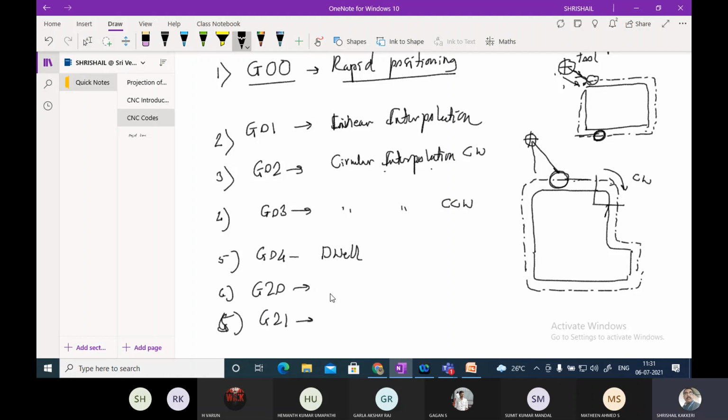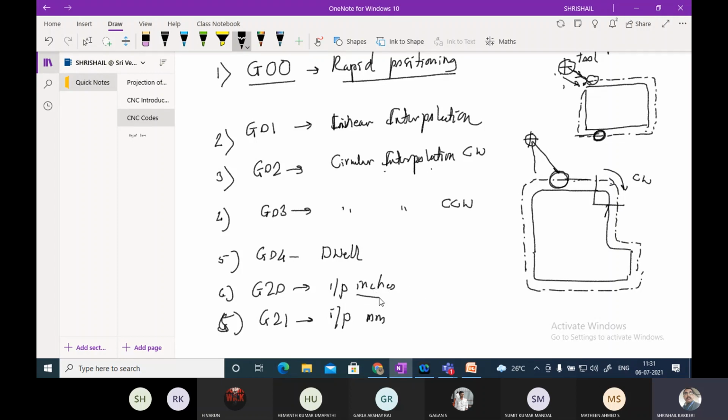These are the G codes which will be controlling whether the input will be in terms of inches, or if the input you are going to give in terms of mm. For example, a particular work part is given to you and unfortunately the dimensions given are in inches, and if the programmer has to convert these inches into mm, it will be a tedious job and small variation in the dimensions will happen while doing the conversion.